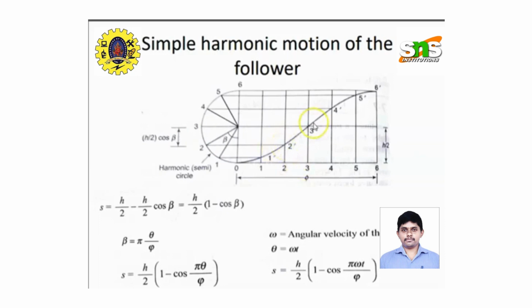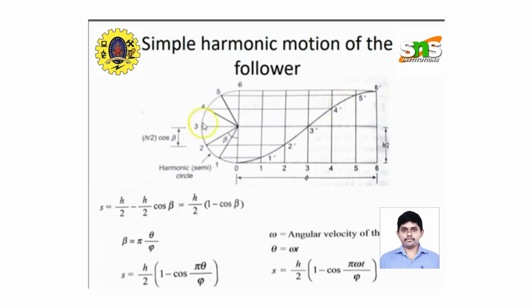Similarly, the third intersection, where both lines meet at a common point, we name 3 dash. The fourth line which intersects with the fourth division of the cam, we name 4 dash. Similarly, we repeat the procedure for all other points made by the cam rotational motion.